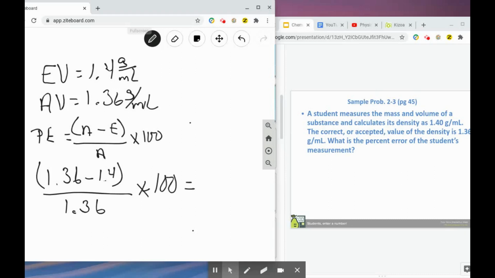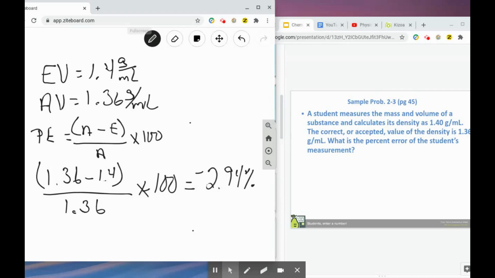That gives us a percentage of negative 2.94%. When we get a negative, that just means it's over the amount that we were looking for.